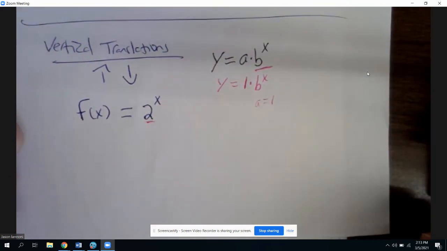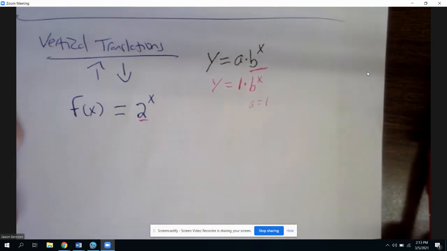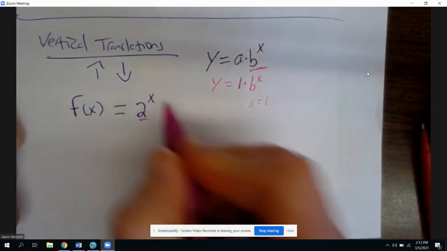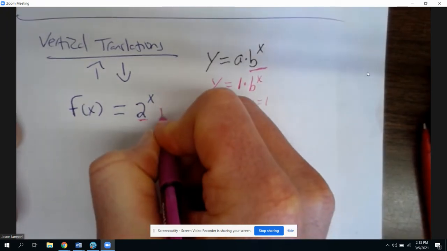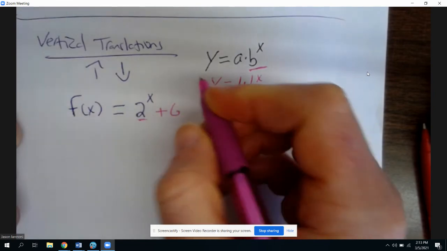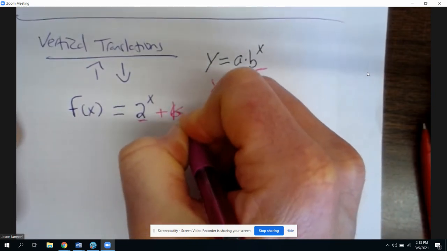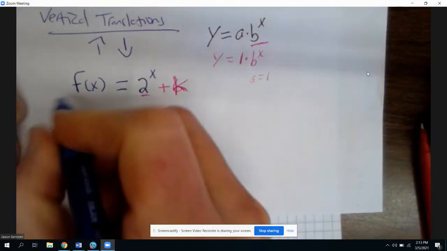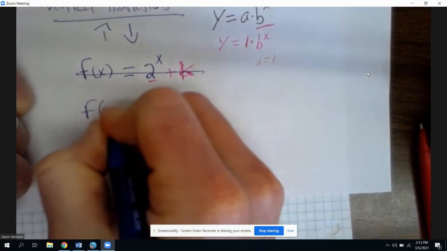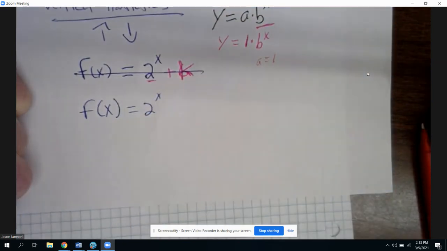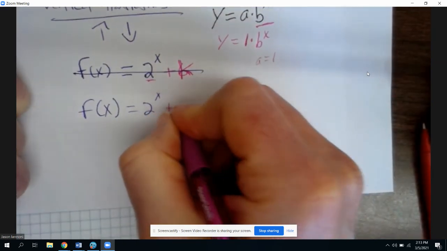So 2 to the x power, where x is our exponent, and we are going to have something like 2 to the x plus k.